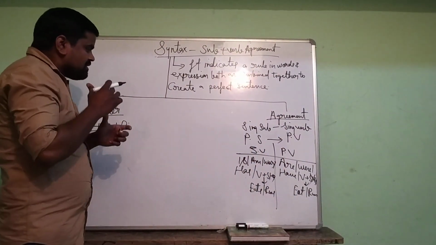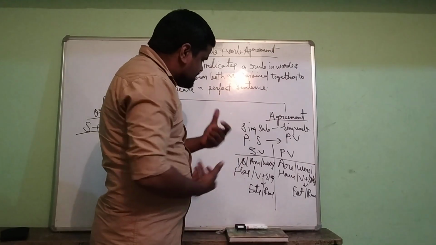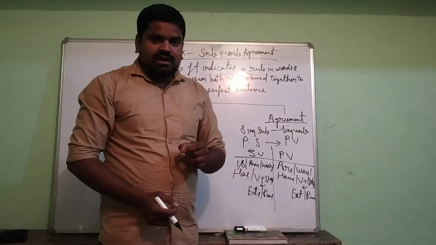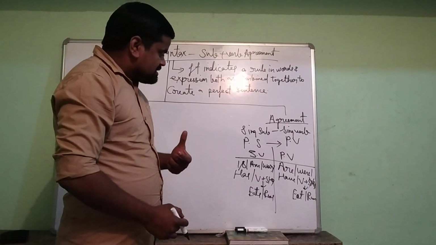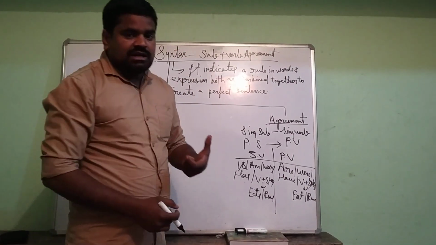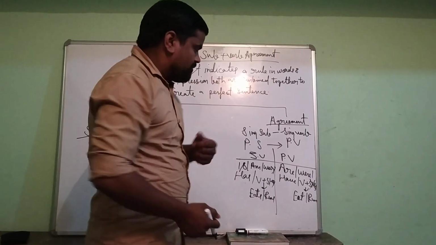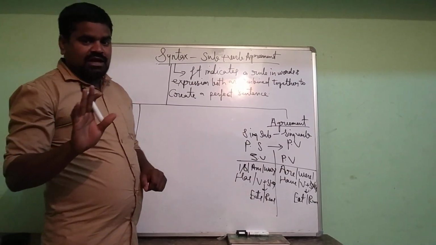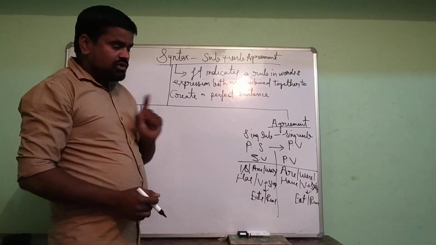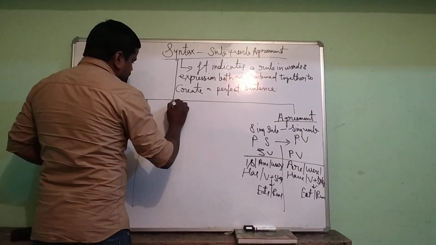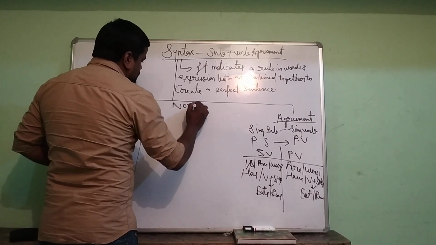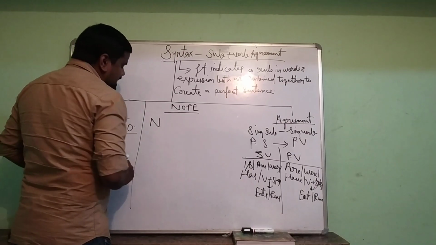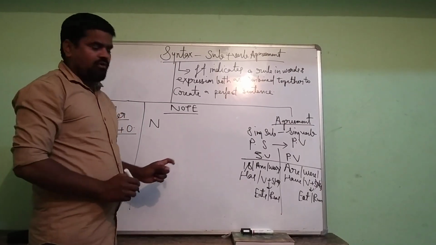After seeing singular and plural verbs, we have to discuss how we can convert a singular verb into a plural verb. Look here, I am going to classify the differences between noun and verb. A noun always stays in singular form.